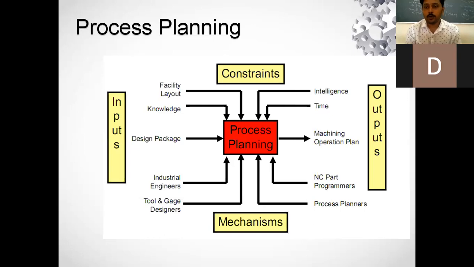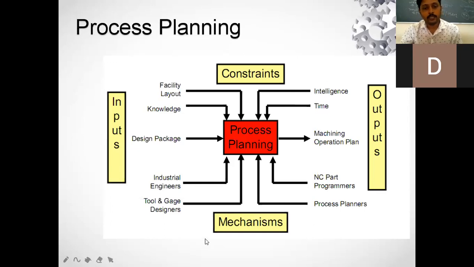You cannot manufacture these components on a simple traditional machine. You will not get the required tolerance, required surface finish, required strength, etc., right? So you should know the constraints of your manufacturing unit, and you should know the mechanisms also.